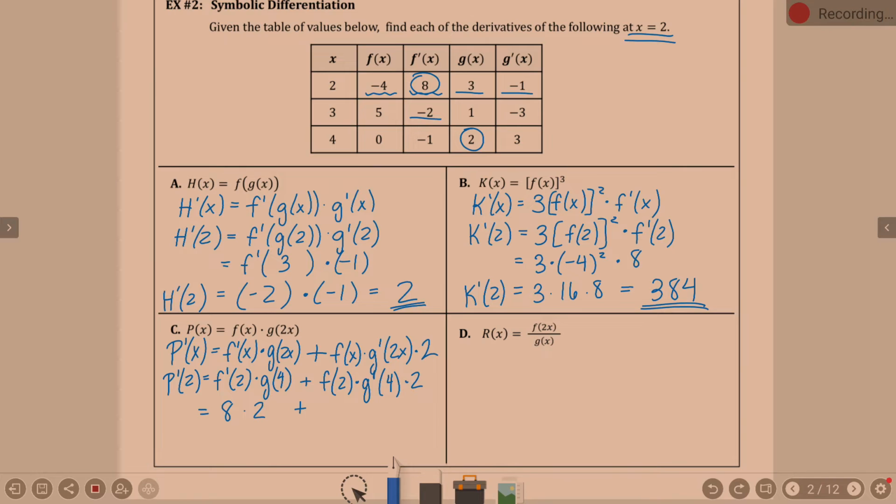F of 2, negative 4. G prime of 4, 3 times 2. I see 16 minus 24. Negative 8 if my mental math is right.